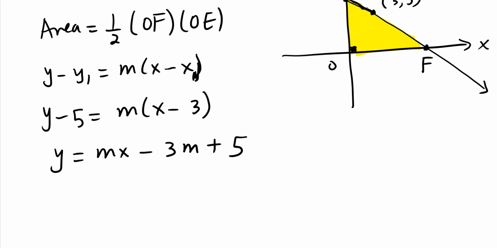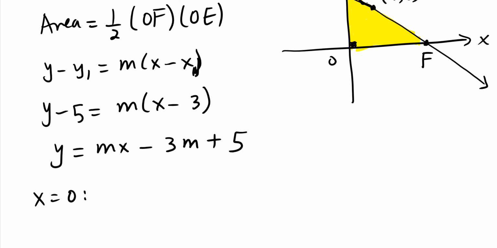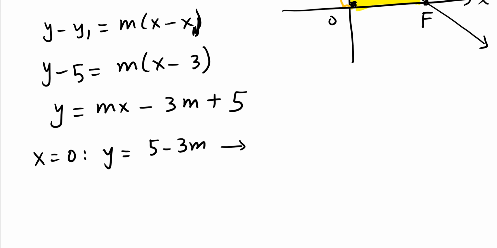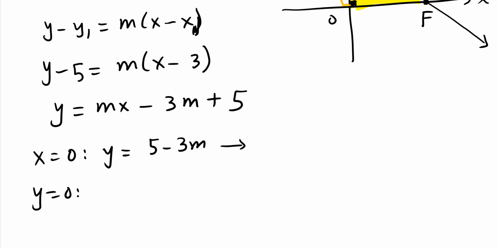If we set x equals 0, we get y equals 5 minus 3m. This will give me this distance, from here to here, the y-intercept, which is 5 minus 3m. Now I'm going to set y equal to 0 to get the x-intercept. So 0 equals mx minus 3m plus 5, so mx equals 3m minus 5.